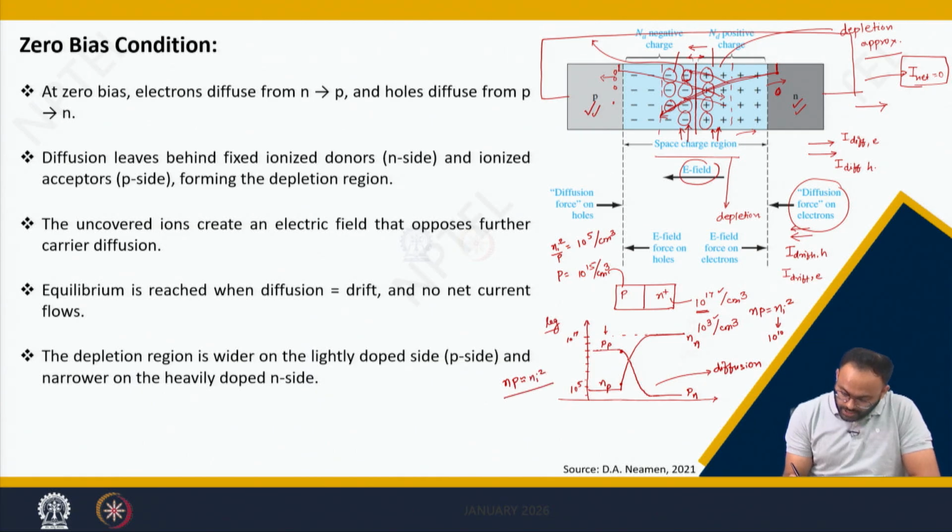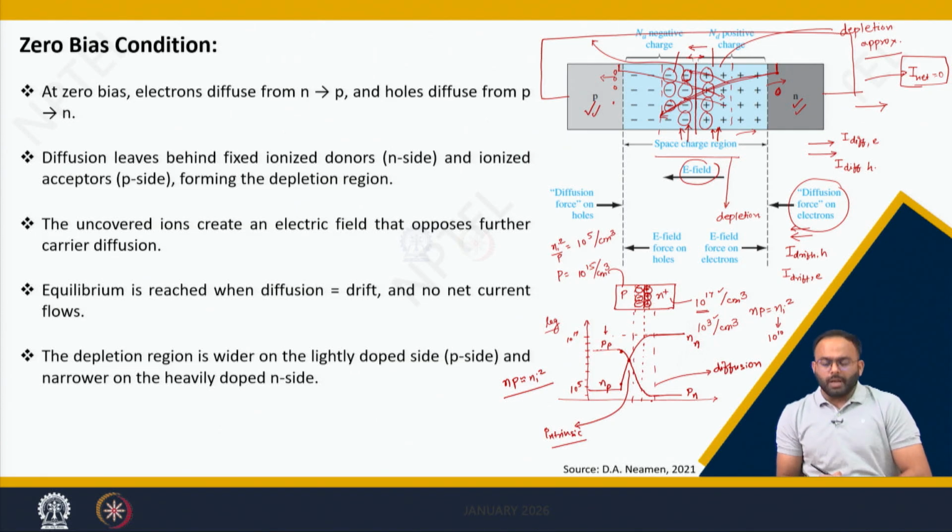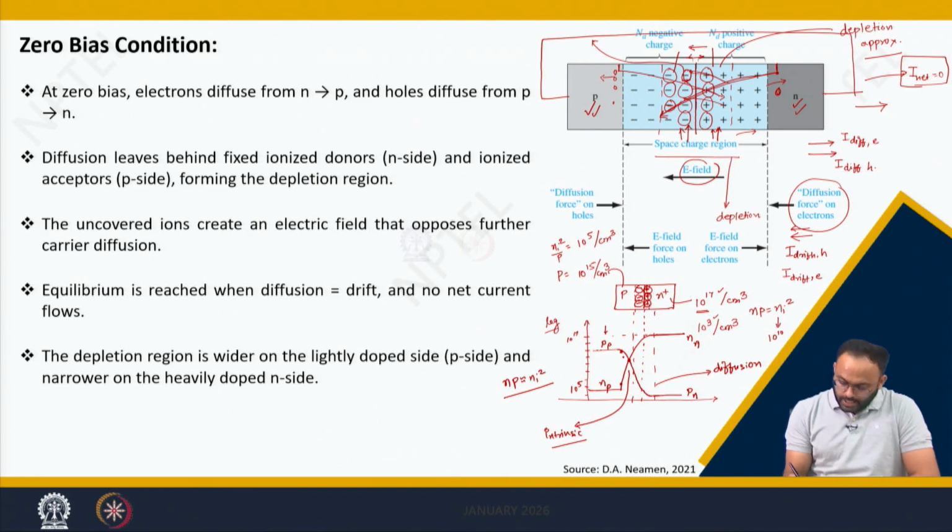This point where they exactly meet is called the intrinsic point, and due to charge balance, it always lies on the lightly doped side. So there is a depletion region where there are positive immobile ions and negative immobile ions, and this is what is called the depletion region. Now let me ask one question: can this connecting line have a discontinuity?